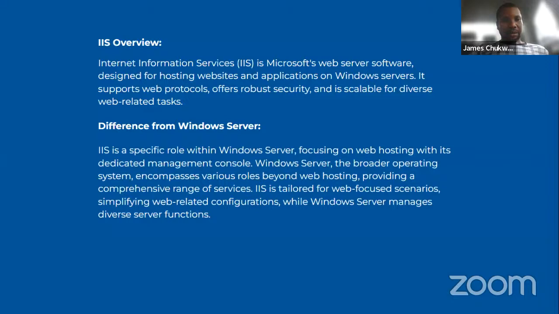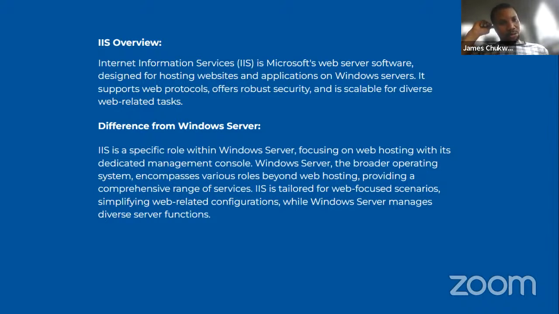Now, IIS, I think I've talked about this, but this is just an overview. Internet Information Services is a Microsoft web server software designed for hosting websites and applications on Windows Server. It supports web protocols, offers robust security, and is scalable for diverse web-related tasks. That's the difference from Windows Server.